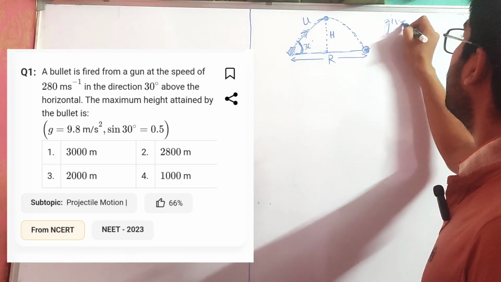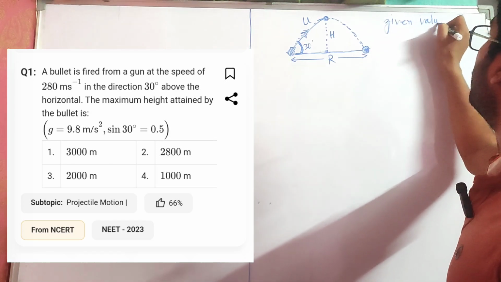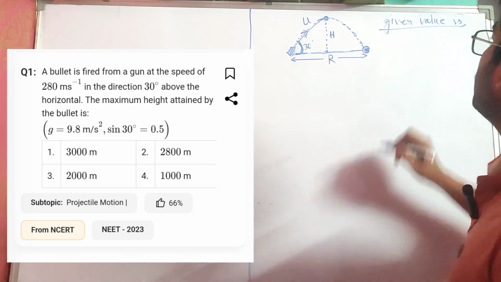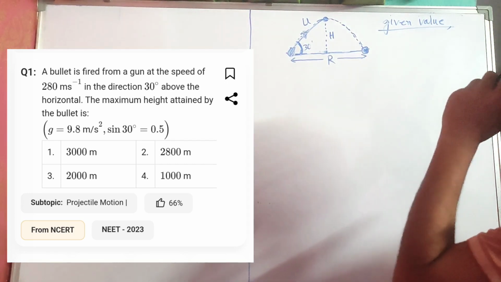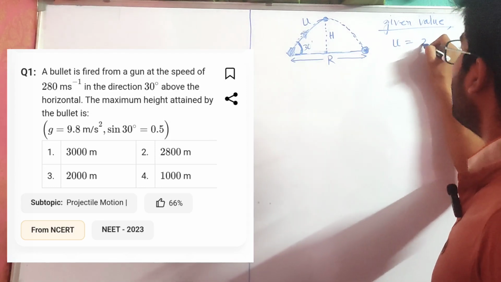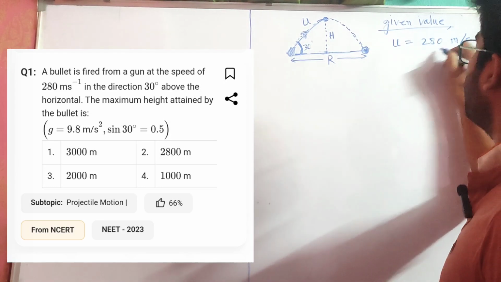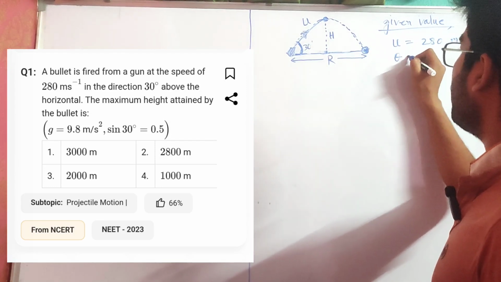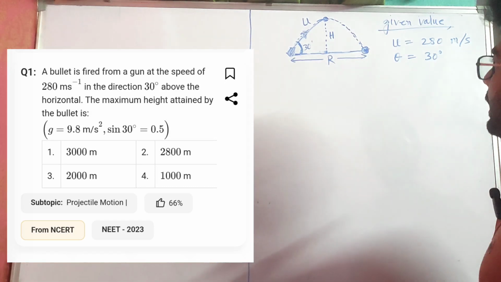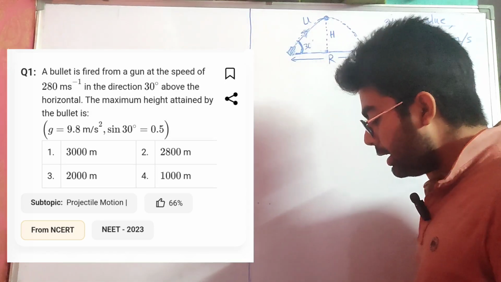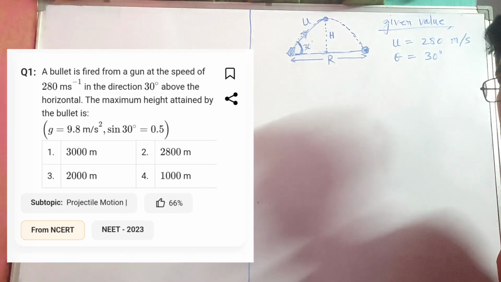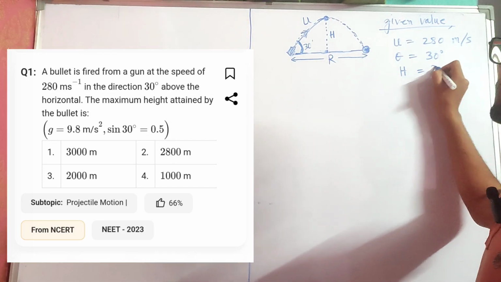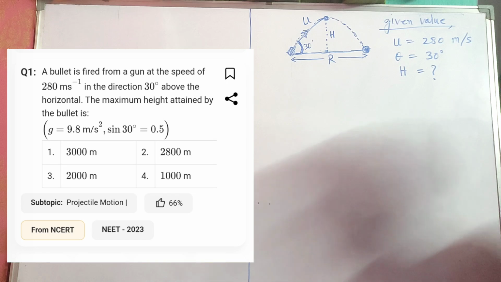Given values for this problem: u equals 280 meter per second and theta equals 30 degree, and we calculate the maximum height attained by the bullet. Maximum height means h equals how much?